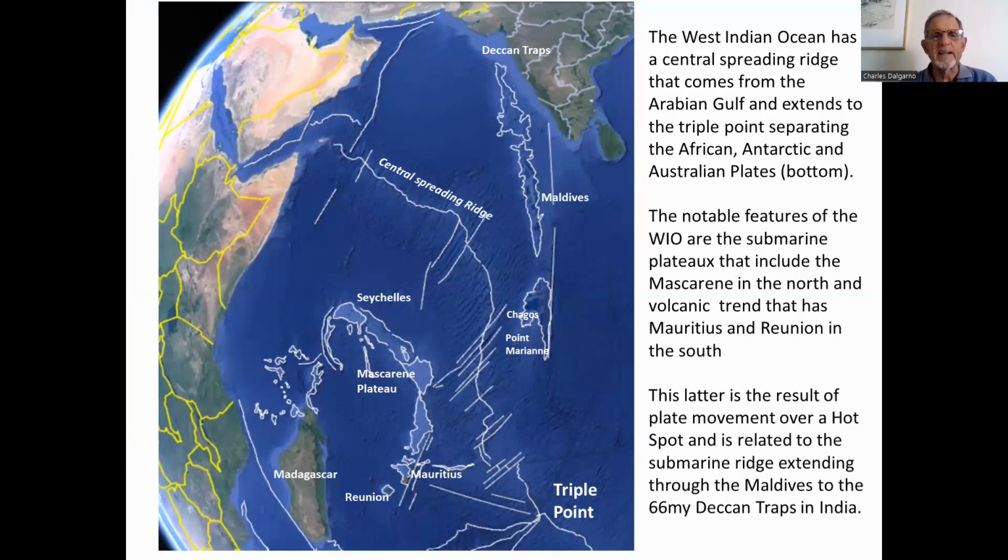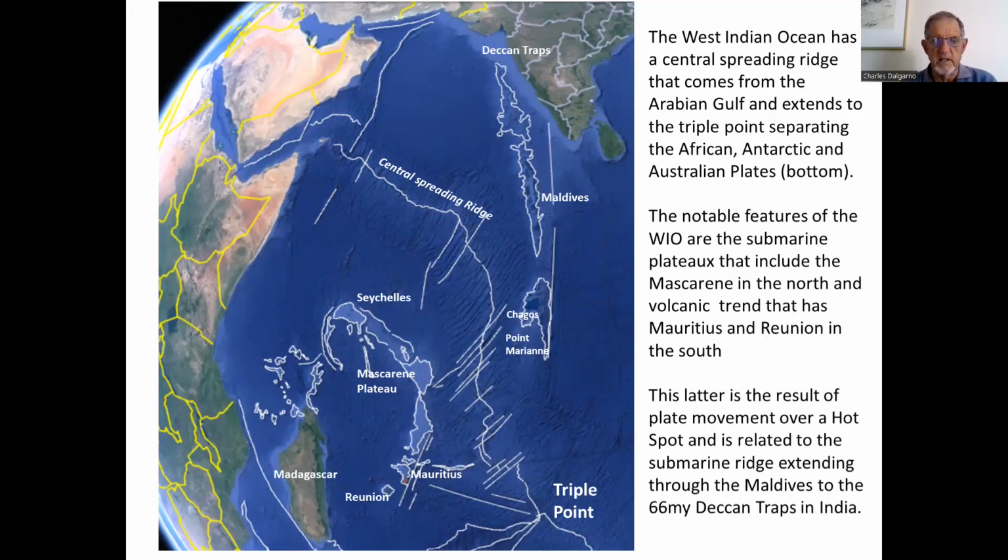This is the huge volcanic area of 66 million years ago, and there's a ridge trending directly south from that to the Maldives and ultimately to Point Marianne. And that is the trail of extinct volcanoes that have developed over a hotspot.